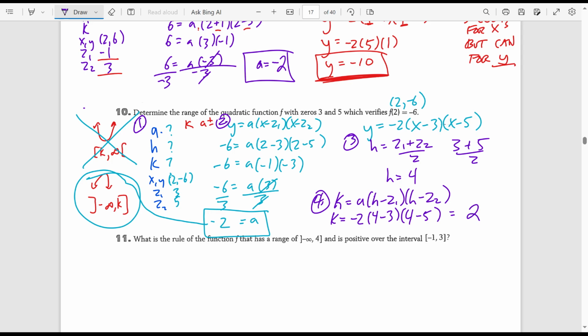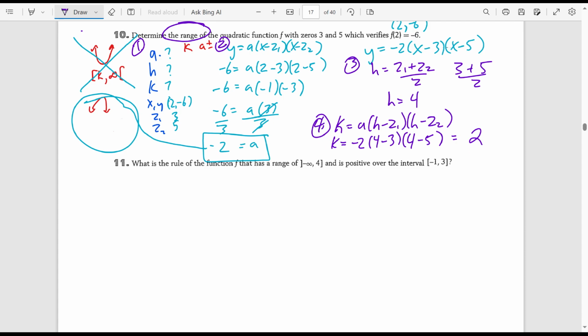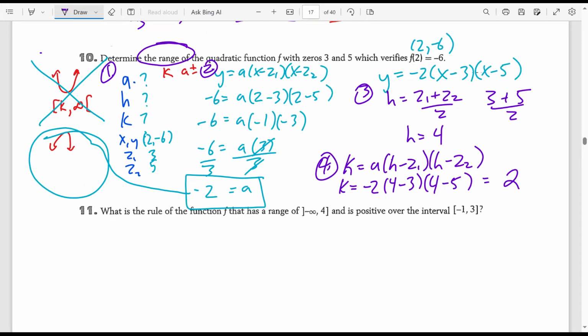So in the end, when it was asking what is the range of this function, I'll just go back to this guy right here. I'll zoom in a little bit too. Because my k is equal to 2, and because it's facing down, the range will be negative infinity to positive 2.